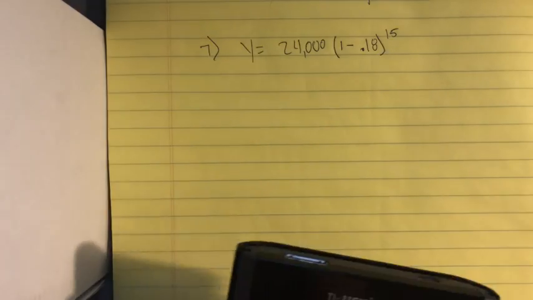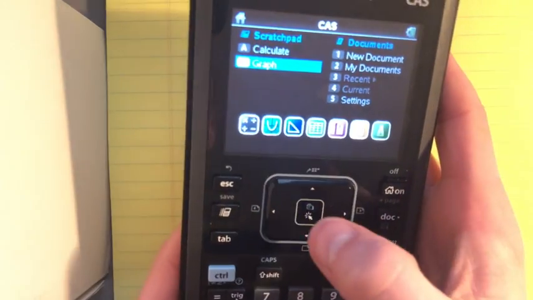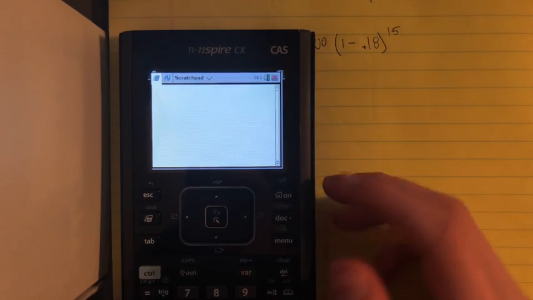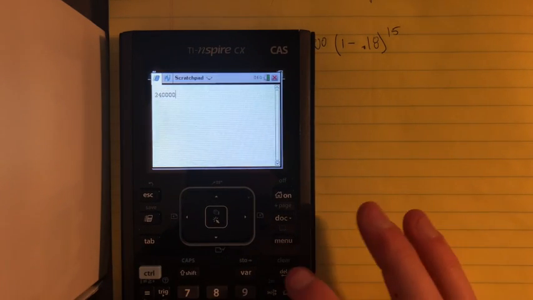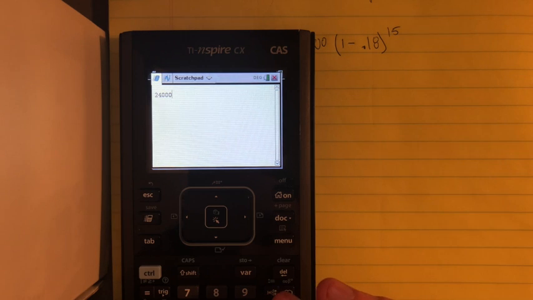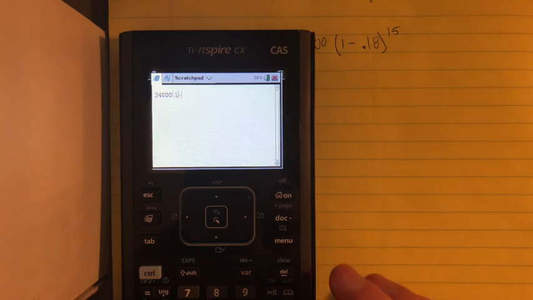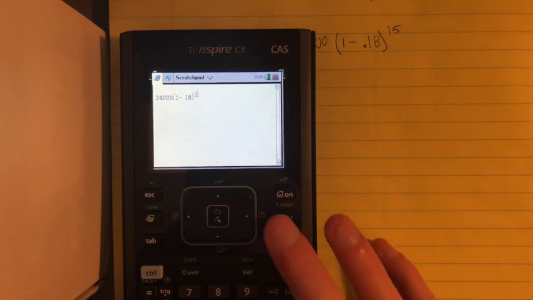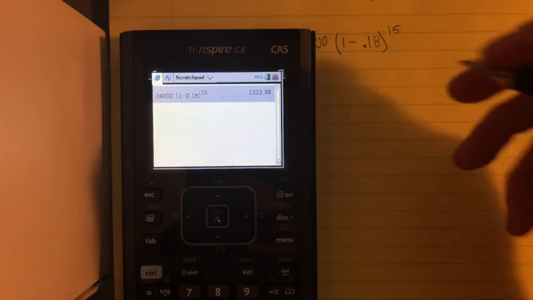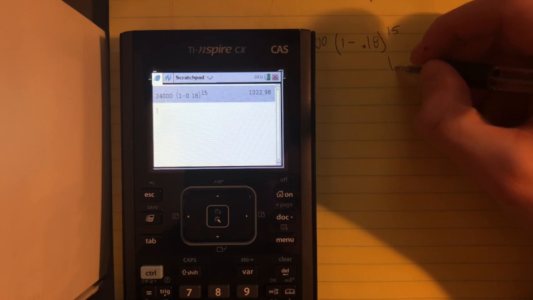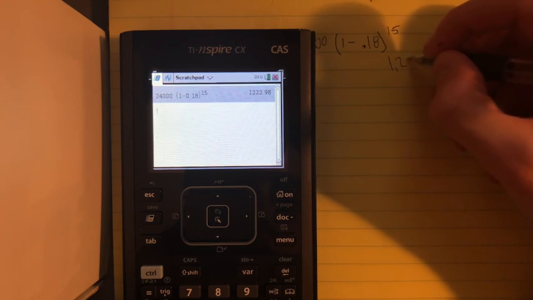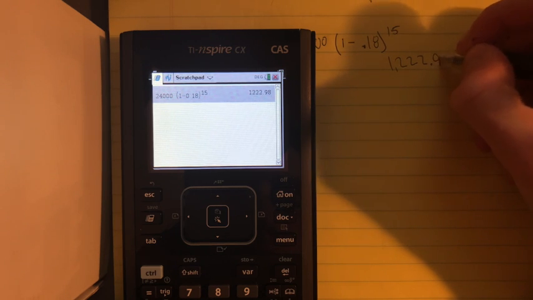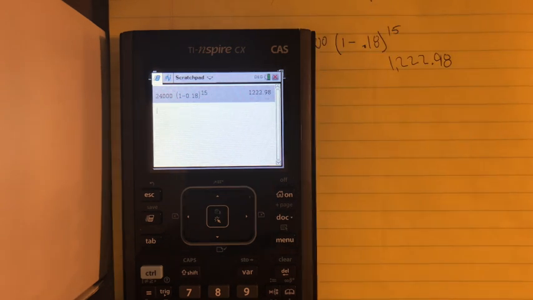Grab our TI-Nspire, we go to the calculate part, and we're just going to plug this all in. So 24,000 parentheses 1 minus 0.18 raised to 15, and we get $1,222.98.